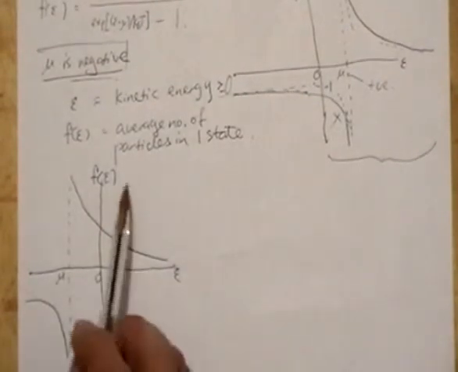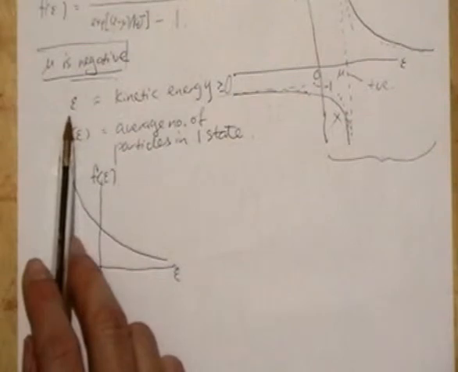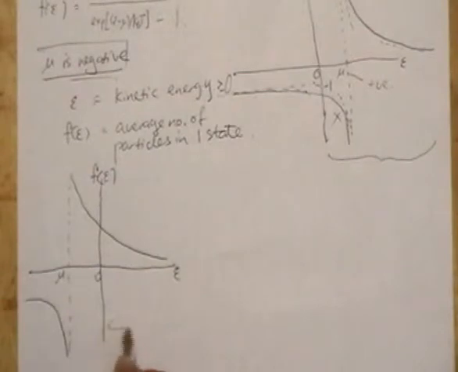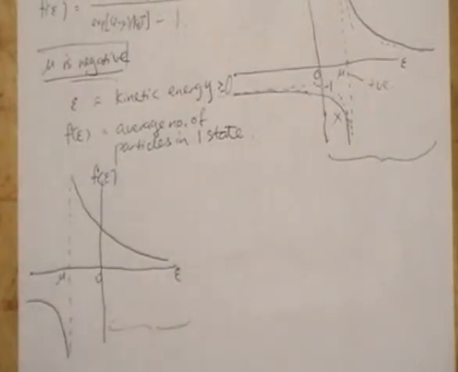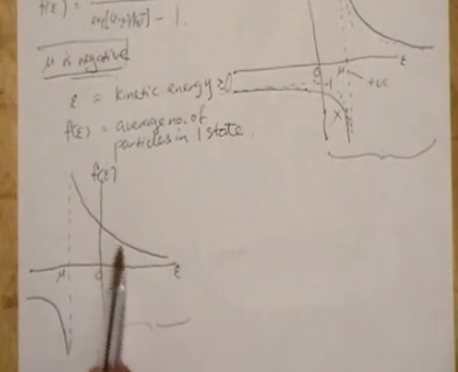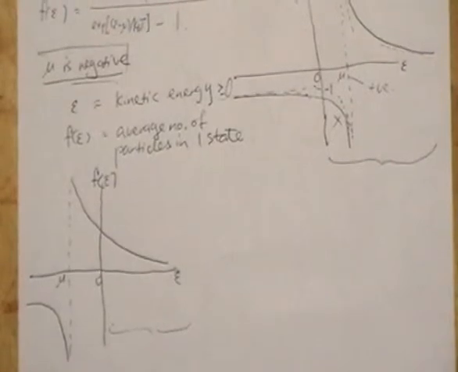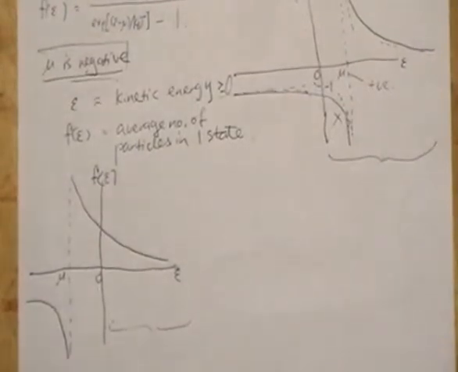Now, if we look at the positive energy again, for kinetic energy, we see that Fe, the number of particles, is always positive. So that's correct.